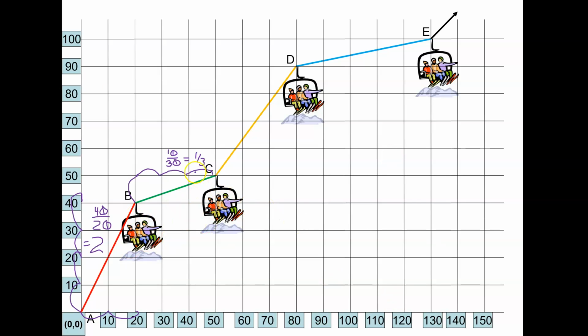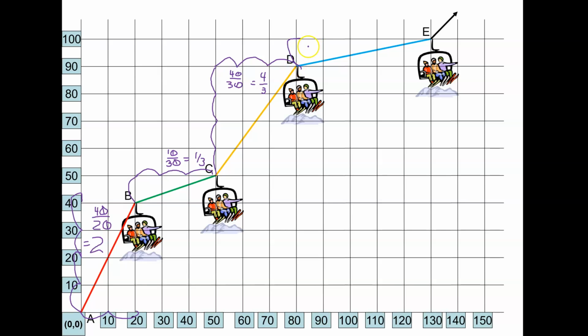Our orange path goes up 10, 20, 30, 40 feet, just like our first path did, but it requires 10, 20, 30 feet to get there. 40 over 30 can be simplified to 4 over 3, or if you want to make it a mixed number, 1 and 1/3.